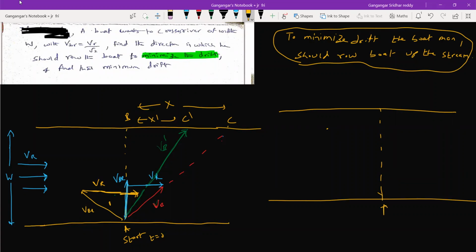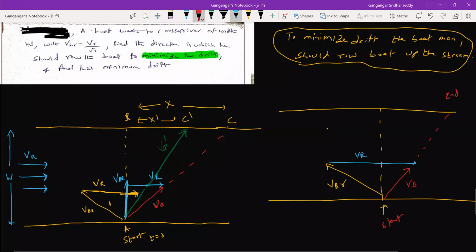So let him row with VBR, and the river current will push. Then this will be the velocity of the boat. This is the starting point. So this is the velocity of the river.